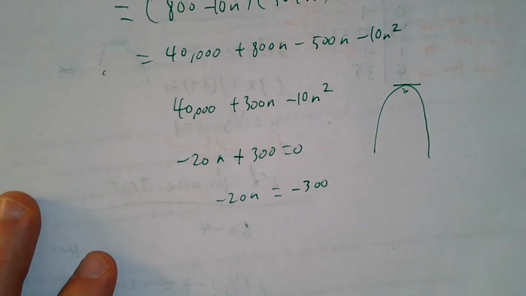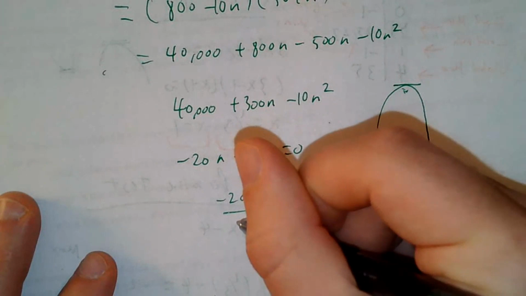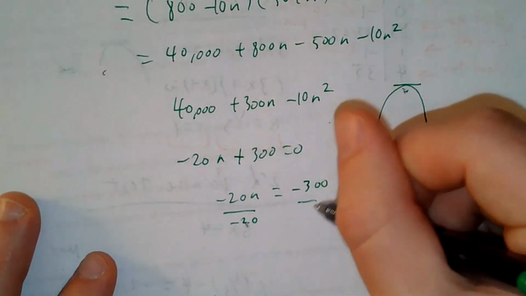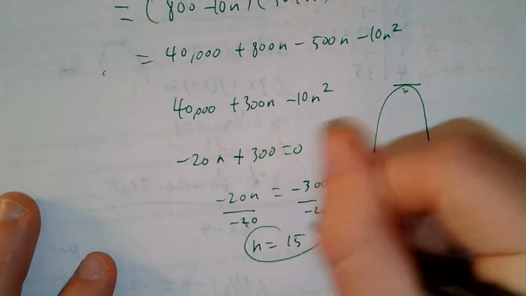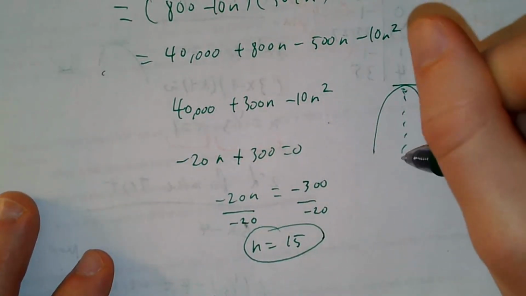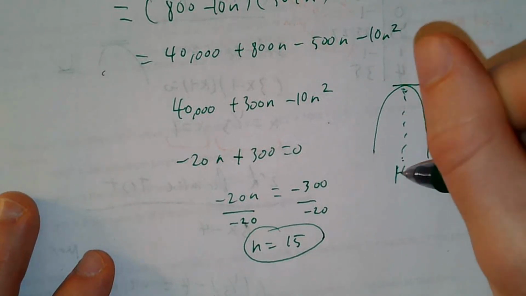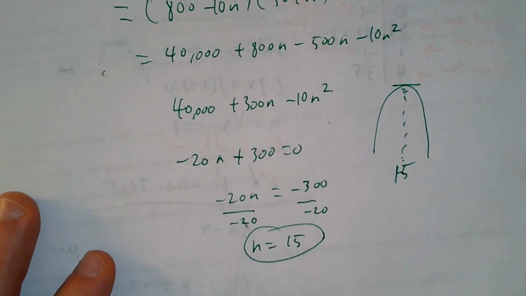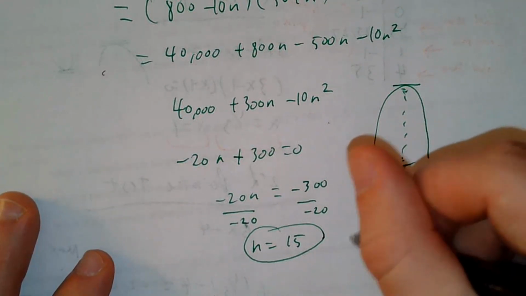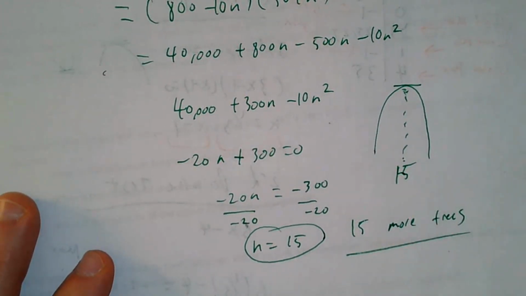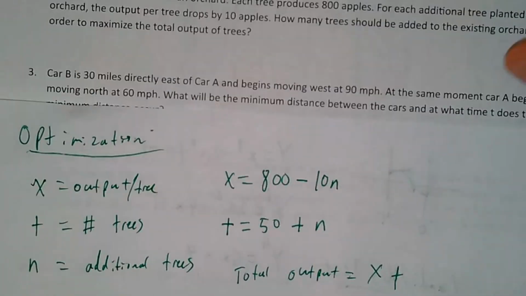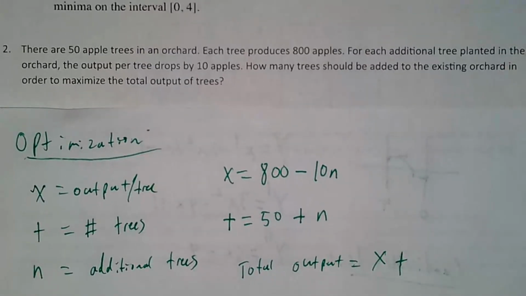And then just divide by negative 20 on both sides, n equals 15. So this right here, if you can picture this on a graph, this would be at 15. So we would want to add 15 more trees. That would be optimal.